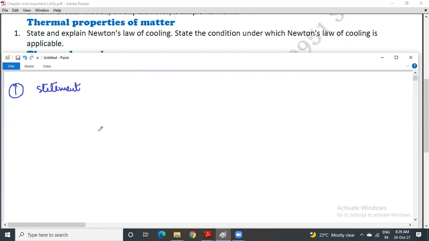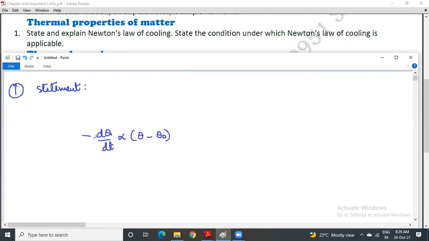You understand the statement by using the equation given below, dq by dt. So you need to write in words thereafter. It is proportional to theta minus theta naught.